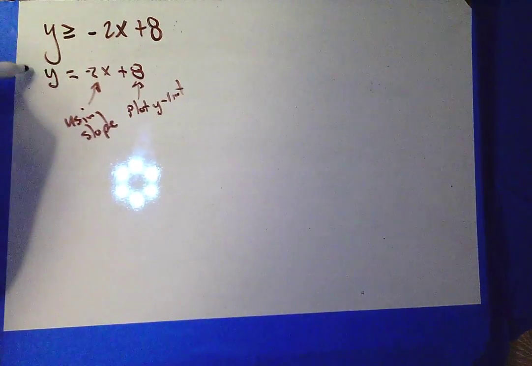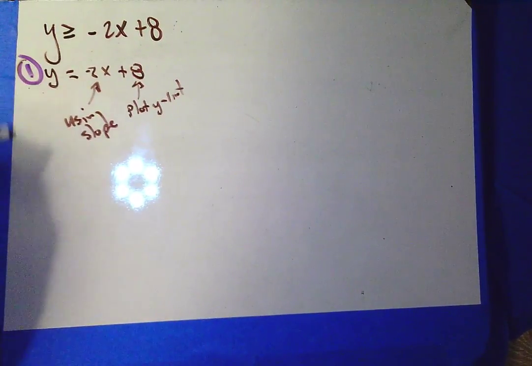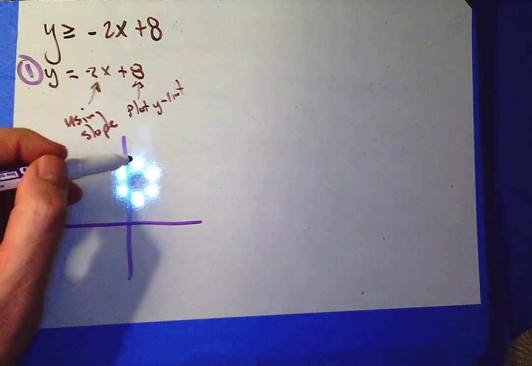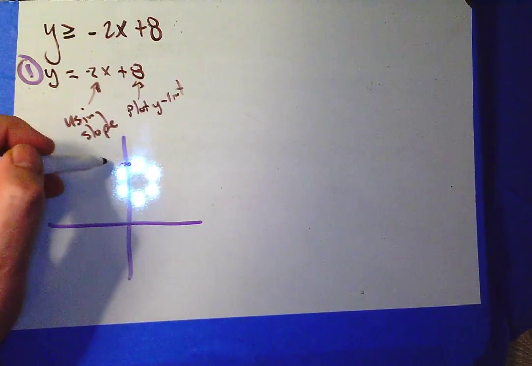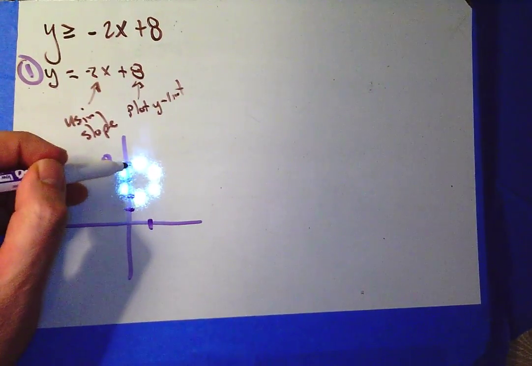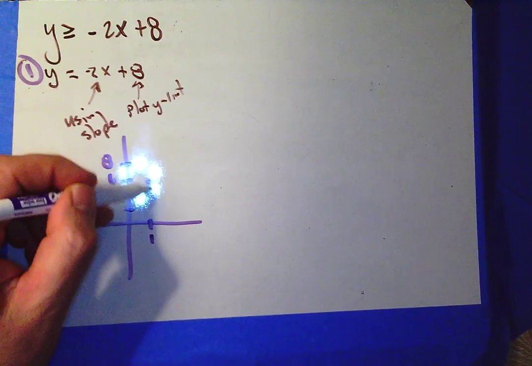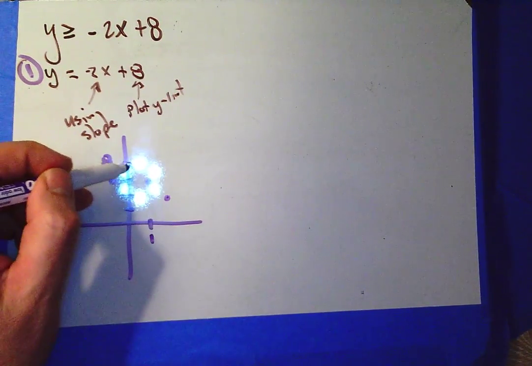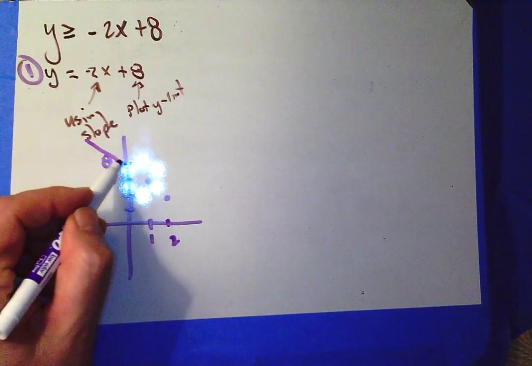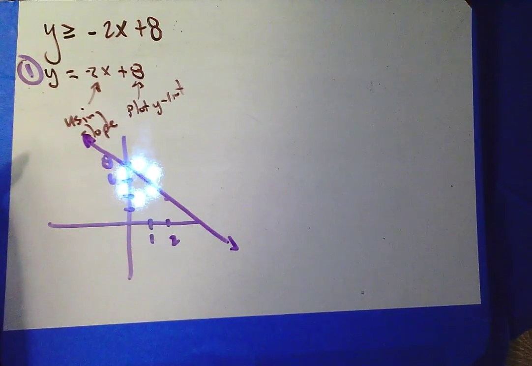So if I started by graphing the equality version, I would have something that looks like this. 8, down 2 over 1, down 2 over 1. And so I'd have a line that looks like this. That's if I'm graphing the equality version.